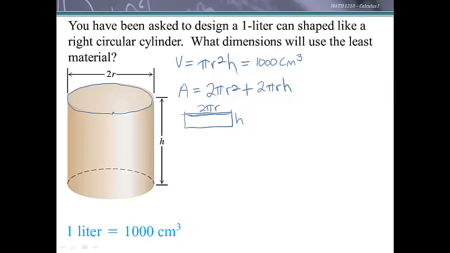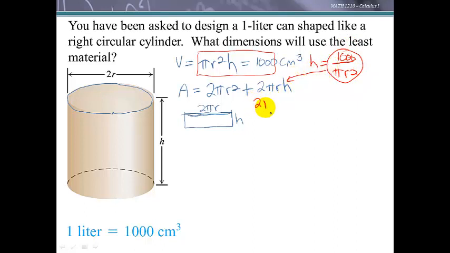Now we have the area expressed with 2 variables, the radius and the height, and we just want one variable, but we have the connection between the variables right here. We could take this and solve it for h. h would be 1,000 over pi r squared, and then we could sub that in right here for h.